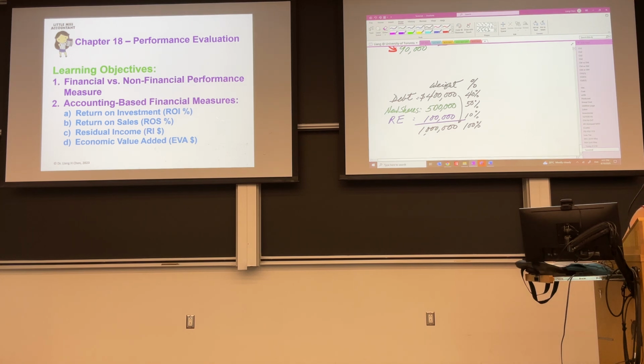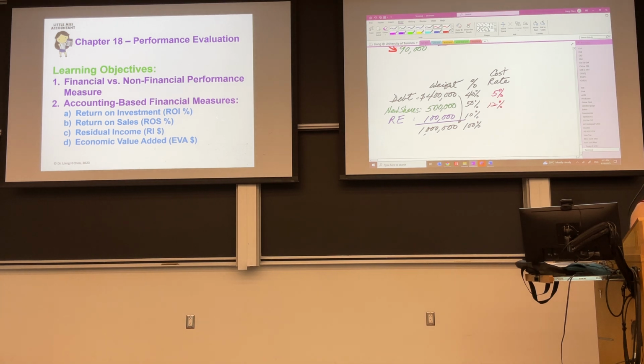Now this is the rate, or we call it cost of capital. How much is it going to cost you? Suppose the bank says, I'm going to charge you the going rate right now, 5%. The new shareholders say, I'm the one who takes the highest risk, I demand more return, so I want 12%.